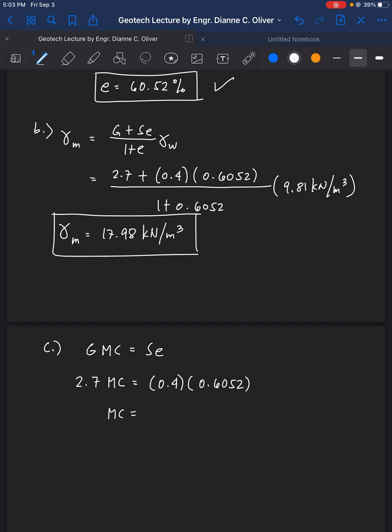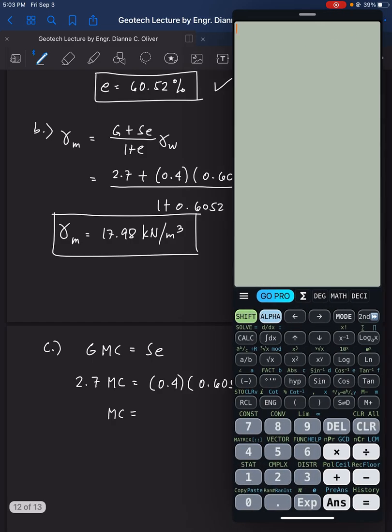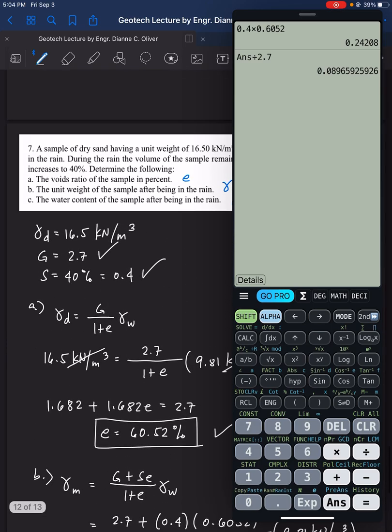So MC is now equal to 0.4 times 0.6052 divided by 2.7. So that is equal to 0.0897. Are we in percent?